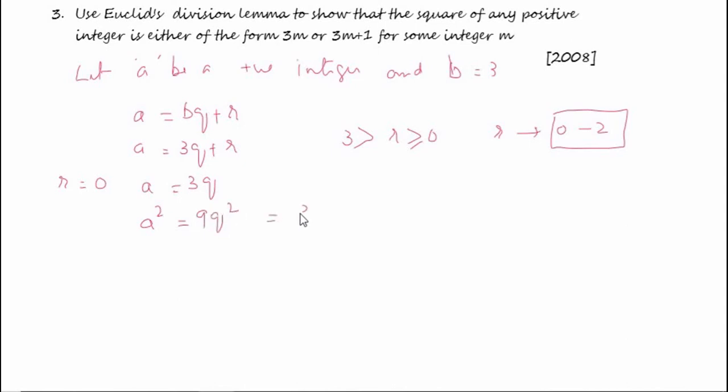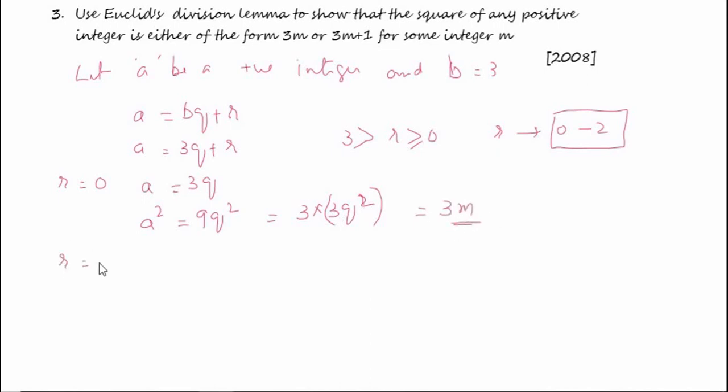You can write this as 3 into 3q square. Now this 3q square, because q is a positive integer, is also a positive integer. Let us consider it as m. So this is of the form 3m.